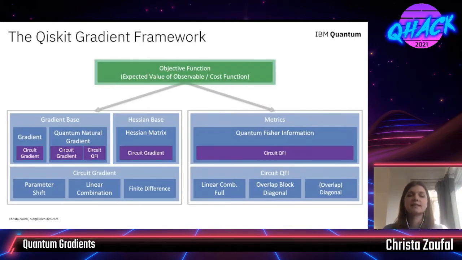The second part is the gradient framework. This was quite recently added to Qiskit, and I'm very happy that it's there now. The gradient framework basically takes an objective function in terms of an observable, respectively a cost function, which relies on the measurement outcomes of a quantum state and enables you to compute either something that is of a gradient type, a Hessian type, or a metric type.